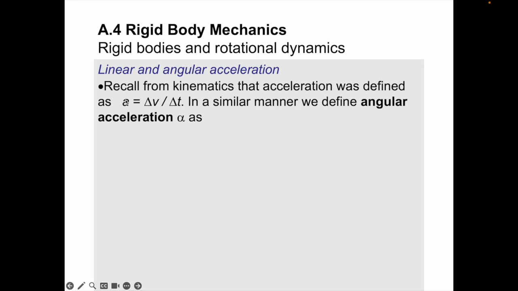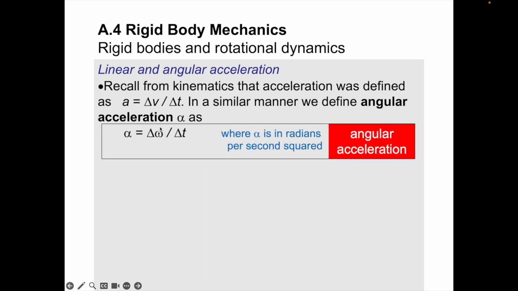The other thing we can start talking about is the relationship of acceleration. Our acceleration is our change in velocity over time, so the angular acceleration, alpha, is going to be the change in angular velocity over the change in time, where alpha is in radians per second squared. Sounds familiar. We also know that our speed is equal to the radius times the angular velocity.